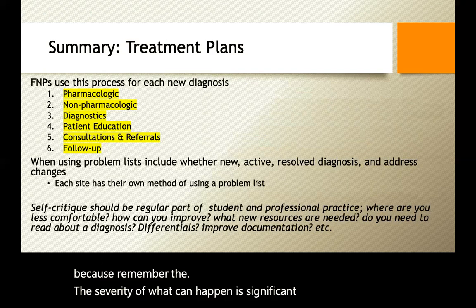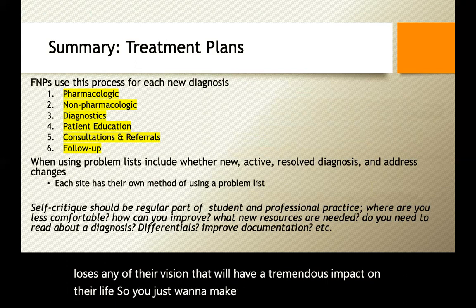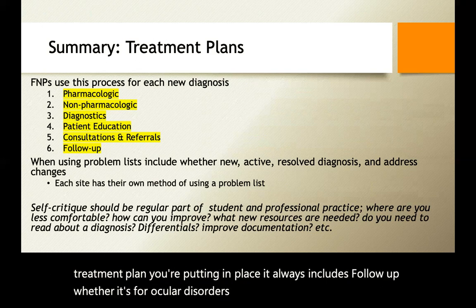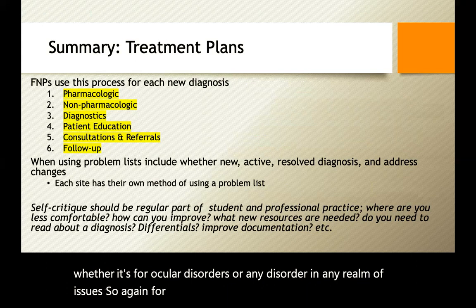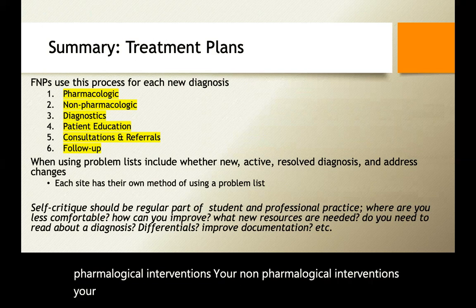If your patient loses any of their vision, that will have a tremendous impact on their life. So you just want to make sure that no matter what treatment plan you're putting in place, it always includes follow-up, whether it's for ocular disorders or any disorder, in any realm of issues. So again, for each new diagnosis, what are your pharmacological interventions, your non-pharmacological interventions, your diagnostics, your patient education, your consultation and referrals, and your follow-up.